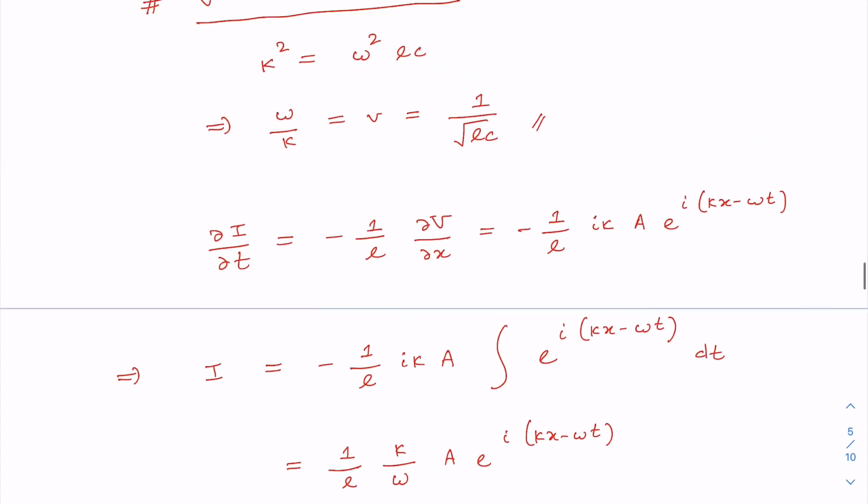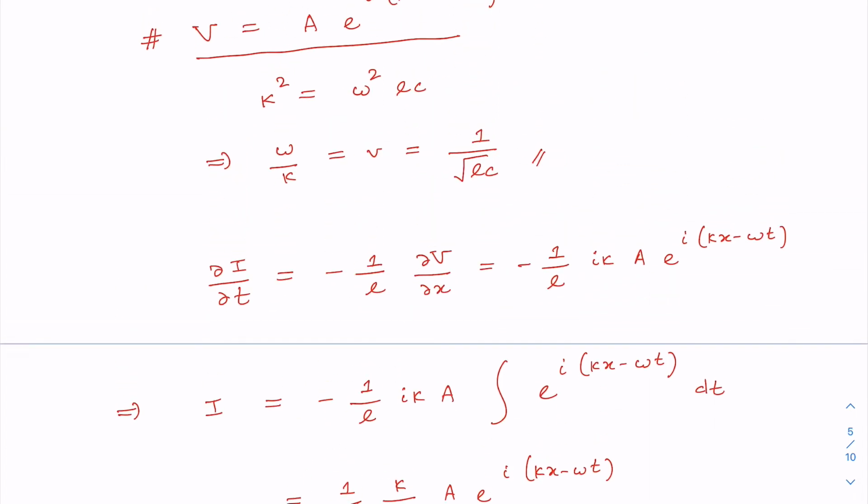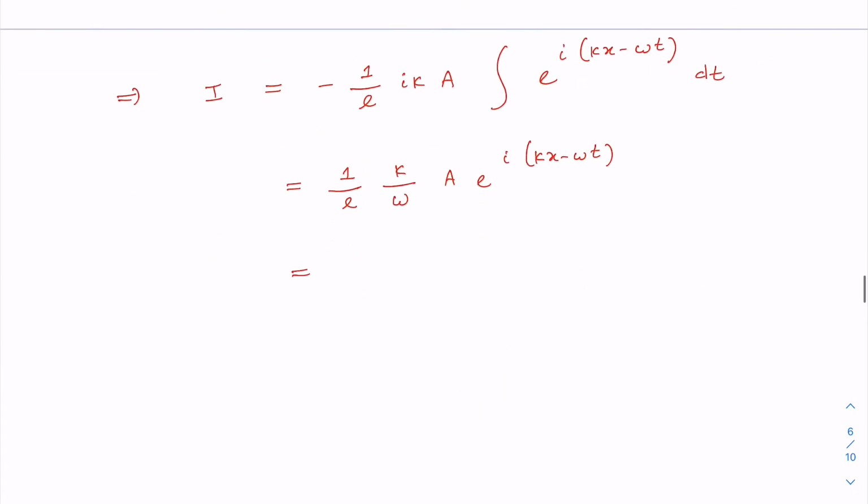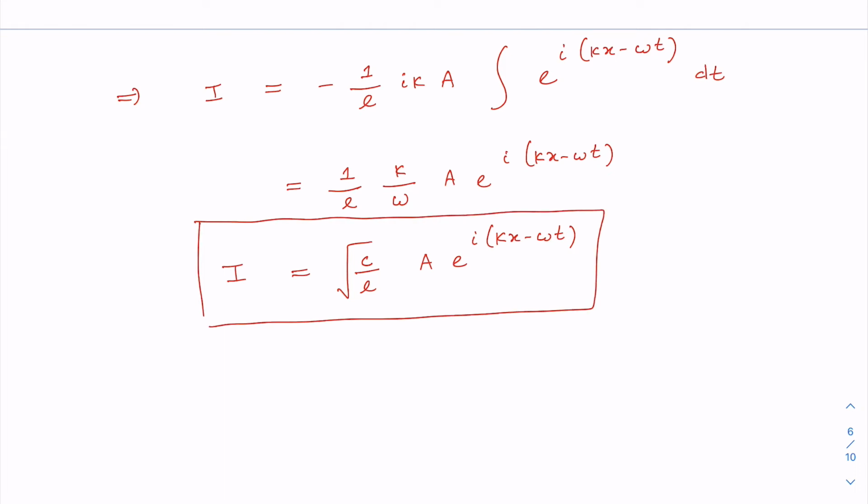Because I know ω by k is 1 by square root of LC, if I put it there, I will get square root of C by L, A e^(i(kx − ωt)). So this is my current, and the voltage I already know, that is A e^(i(kx − ωt)).